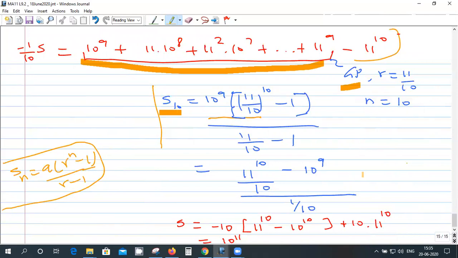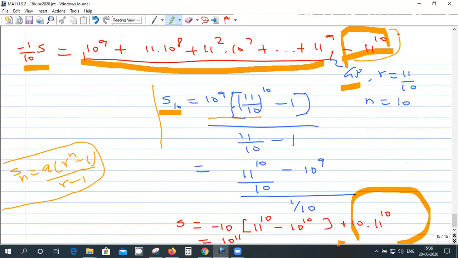So that will be this one, and to that I have to add this one, minus 11 by 10 times this, and this is S. Okay, so S will become this into 10. So this one is this one. Okay, and you simplify it, you'll get it as 10 raised to the power 11. It's not difficult because this will cancel with this one.